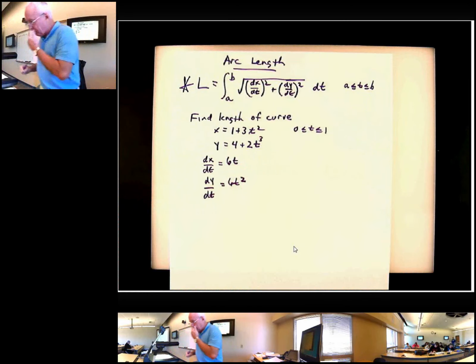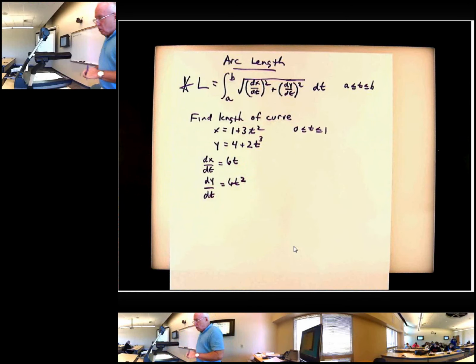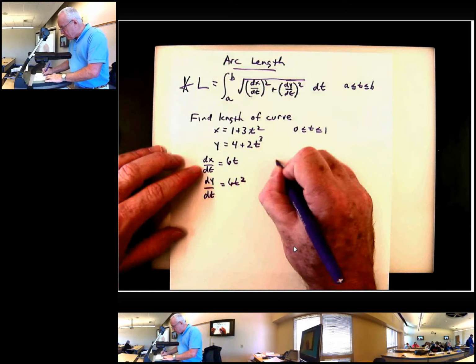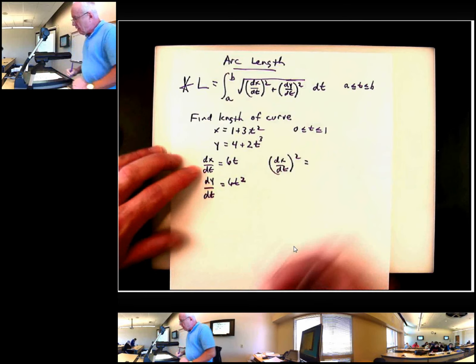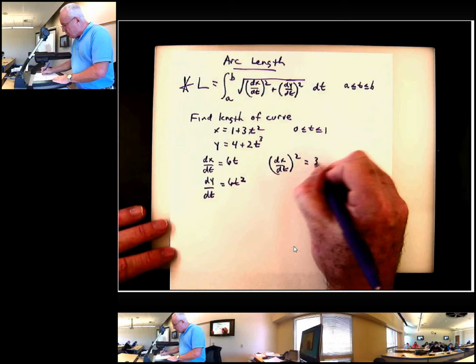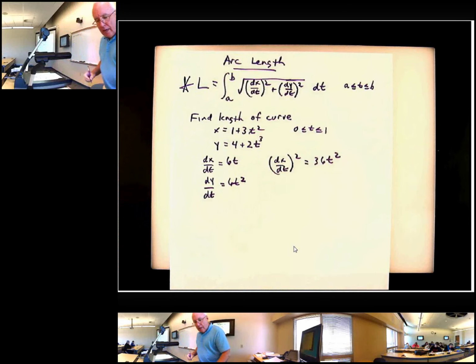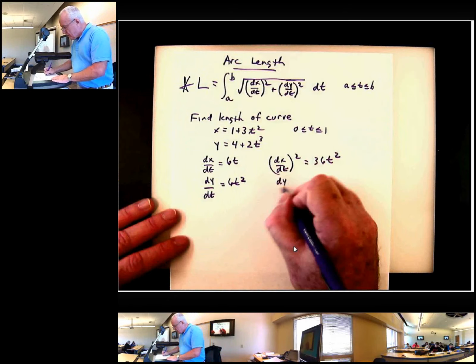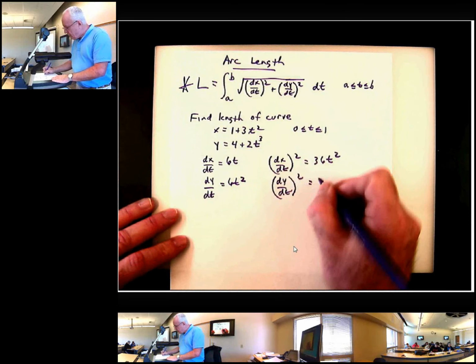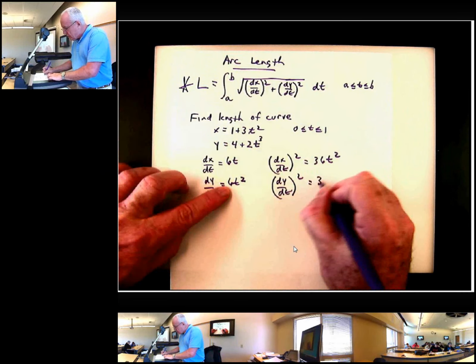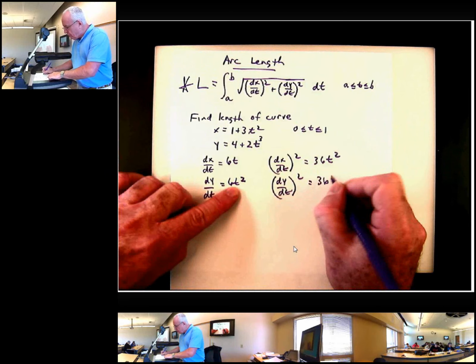All right. Therefore, we have to square these. So (dx/dt) squared is going to be 36t squared, and (dy/dt) squared is going to be, let's see, 36t to the 4th power.